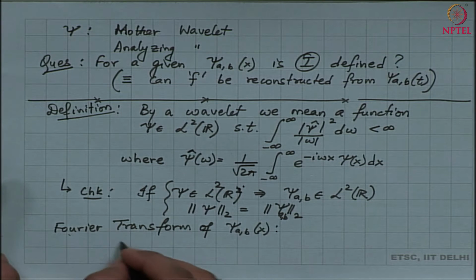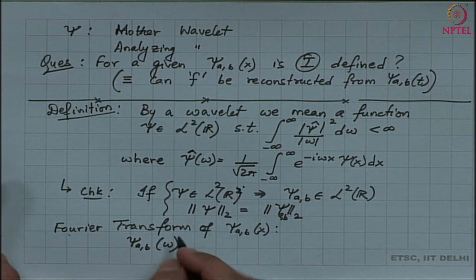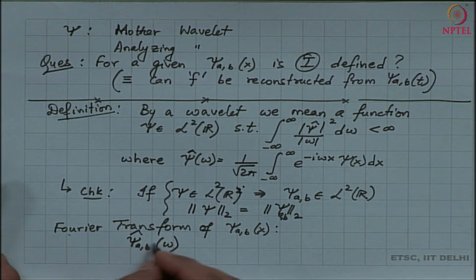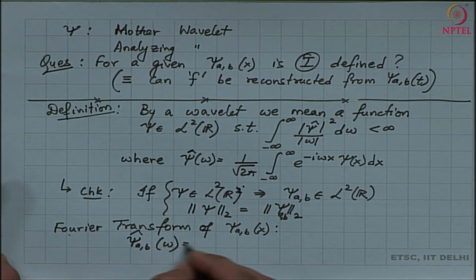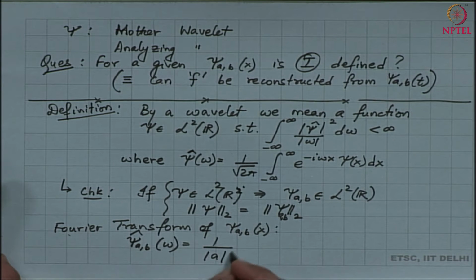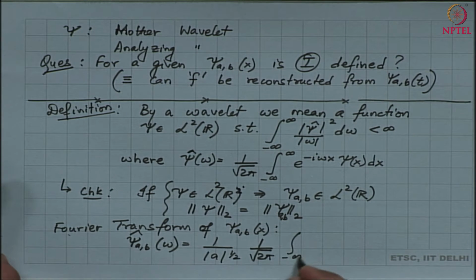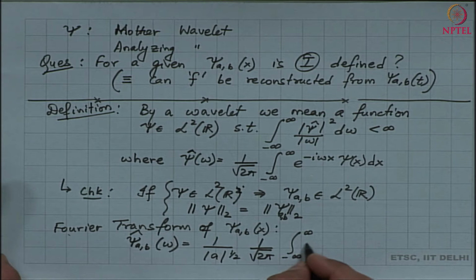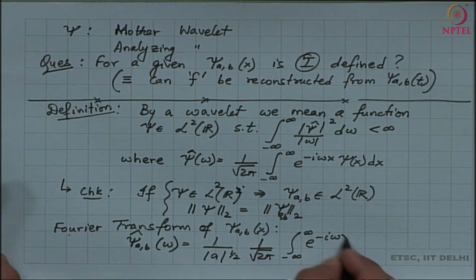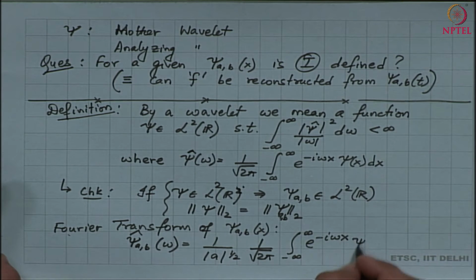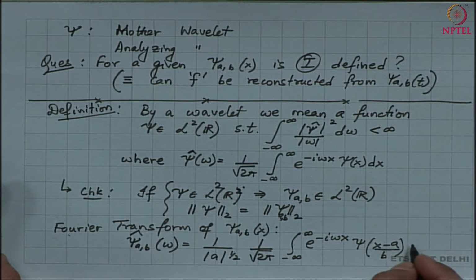We see that the Fourier transform of psi a comma b, psi hat a comma b of omega, is 1 by a to the power 1 half times 1 by square root 2 pi integral from negative infinity to infinity of e to the power negative i omega x times psi of the scaled function, x minus b by a, dx.